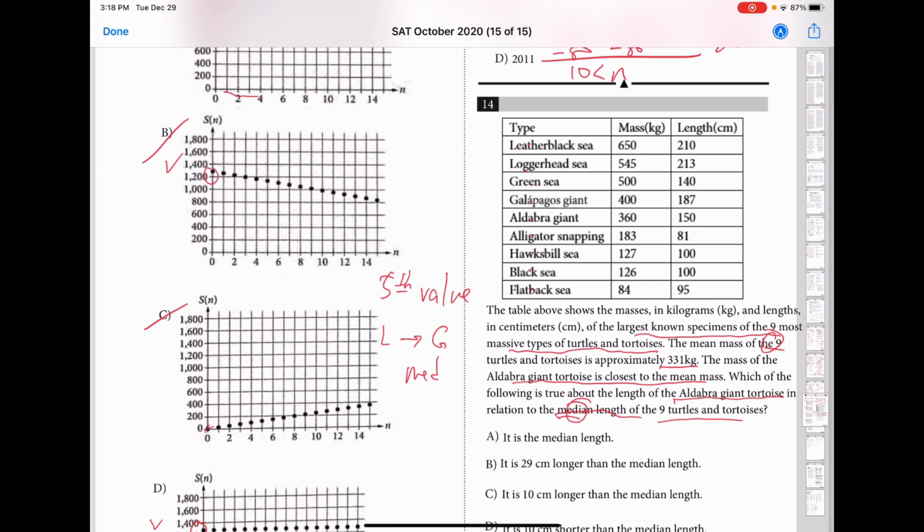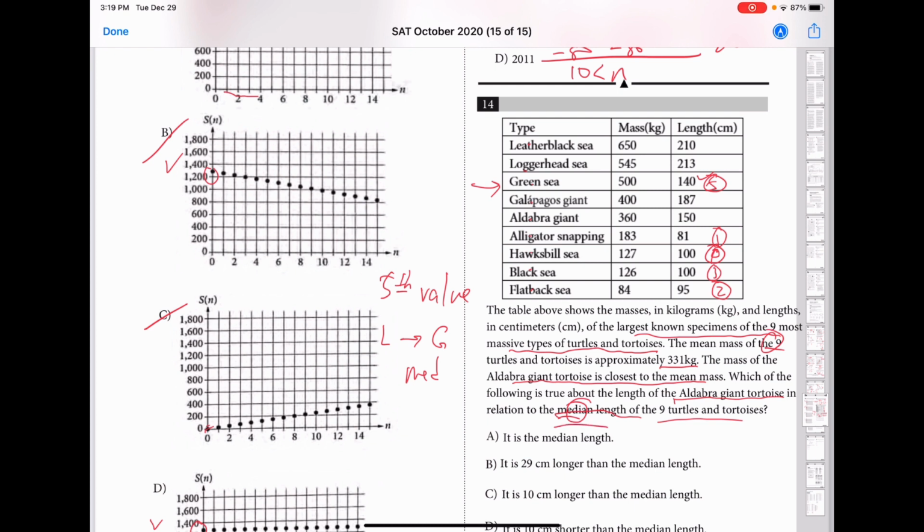The smallest length is the alligator snapping, so that's number 1. Second is the flatback, that's number 2. Then we have 3 and 4 tied, and the next one after that is 140 for the green sea turtle. So the green sea turtle is the median number. That's 140, and we're going to compare that to the median.